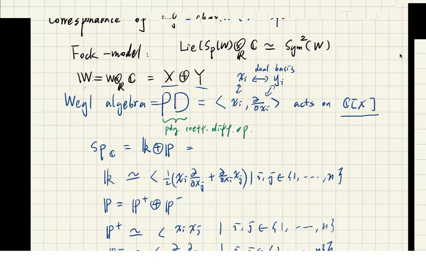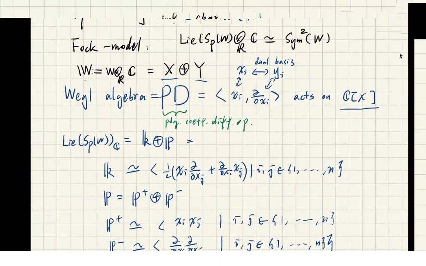So the big Sp(W), the Lie algebra of the big symplectic group. Our assumption is that G and H is a real reductive dual pair inside Sp(W). Then the Lie algebra of Sp(W), complexified, will have a Cartan decomposition into the compact part and the non-compact part.